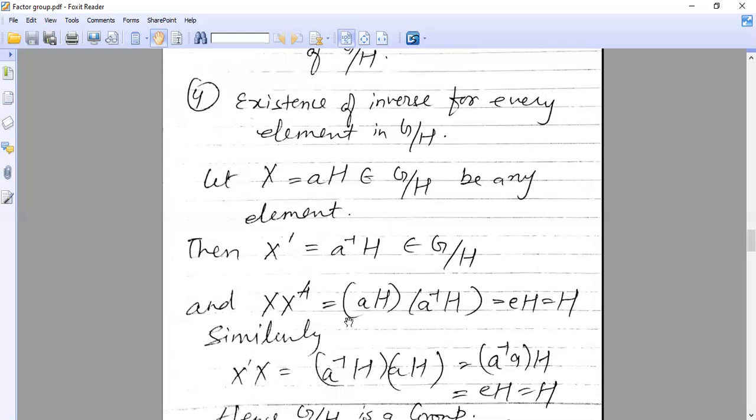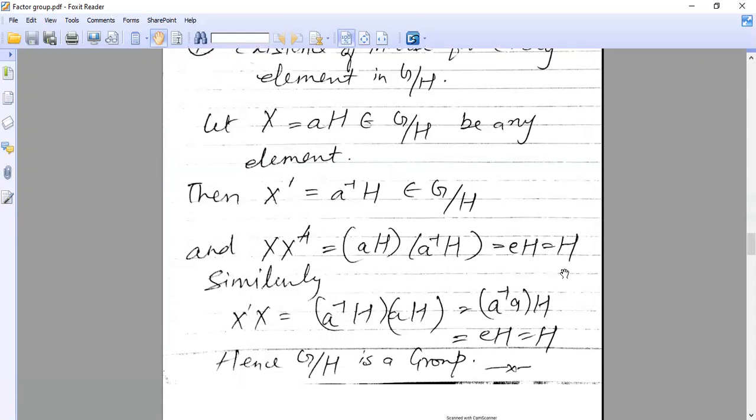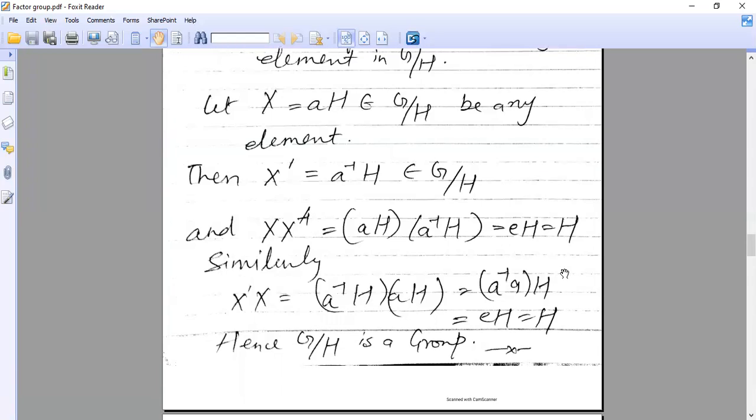So for that, let us check what is x into x dash. So x into x dash should become identity. So it is ah into a inverse h. So this will be equal to a inverse a h. Now what is a inverse a? It is identity. So this is equal to h. That means x dash is the inverse of x. Similarly, you can prove that x dash into x is also the identity.